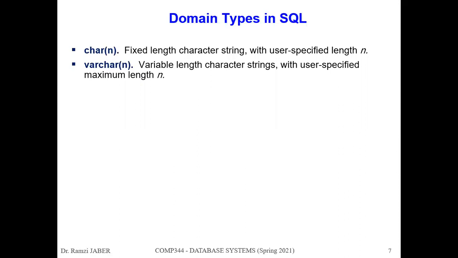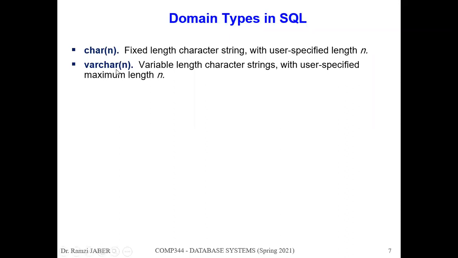So it takes more amount of data, even if you write a word of 4 characters or 5 characters. It will reserve 20 characters for you, even if you write 4 or 3 or 5 characters.